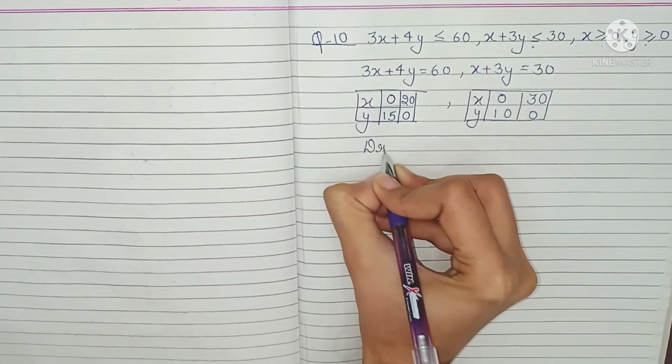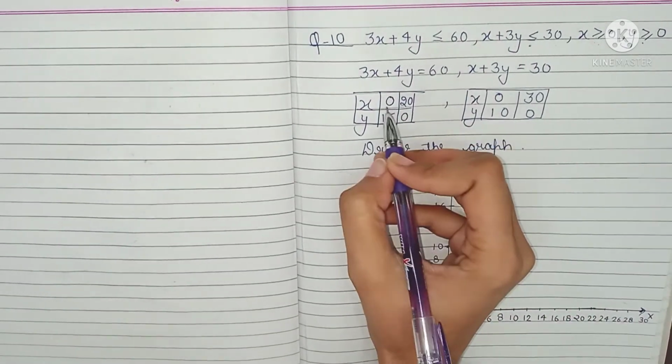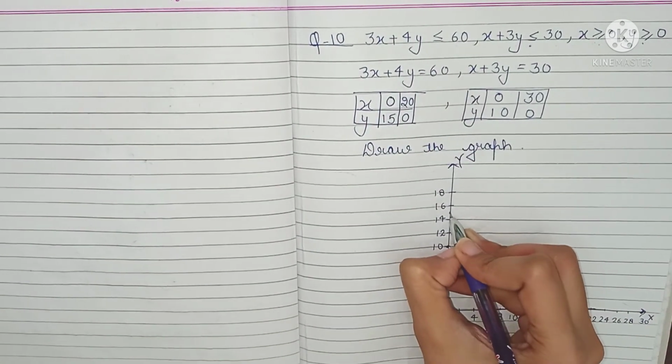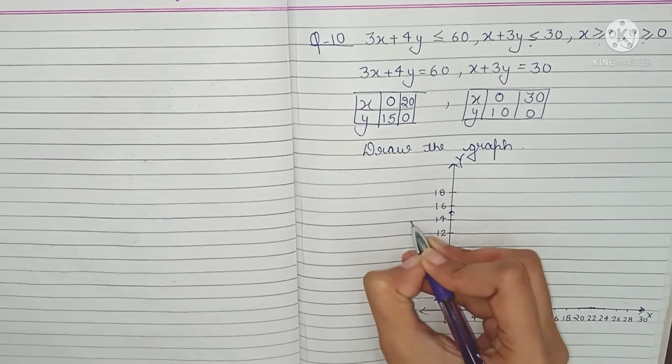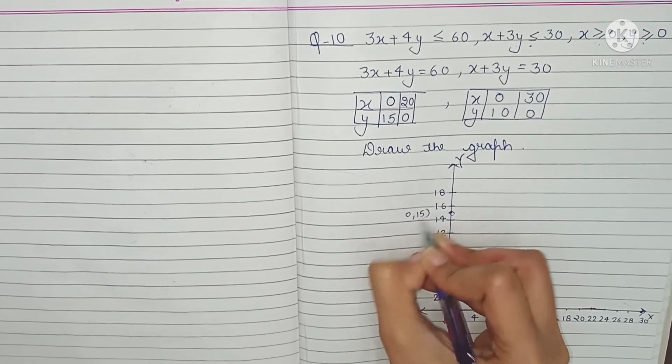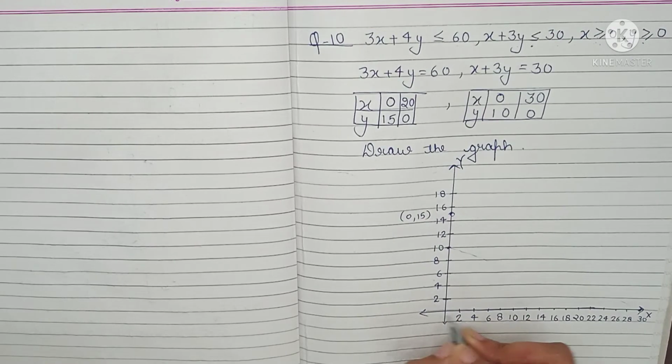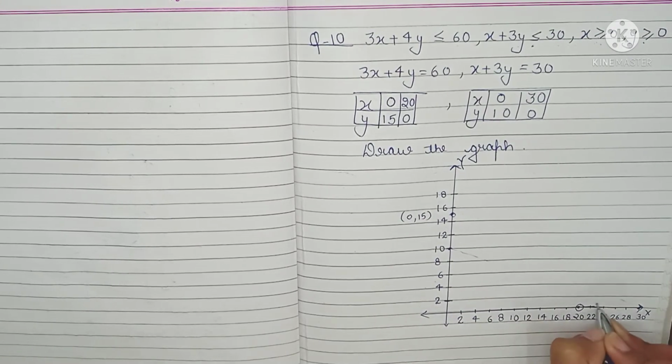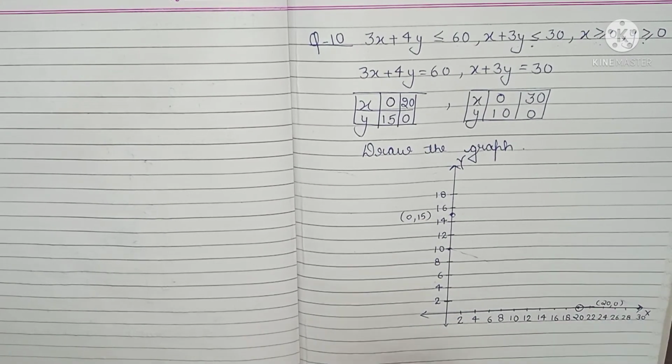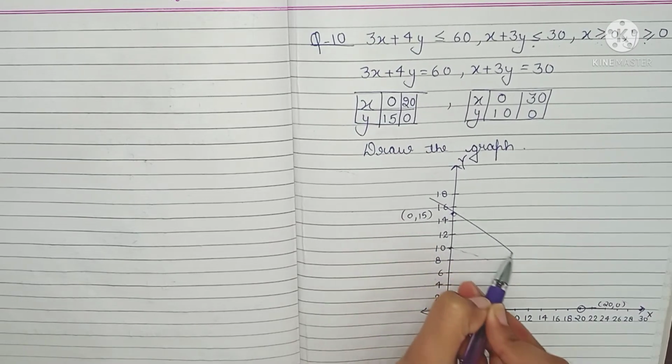Now you have to draw the graph. When x is equal to 0 and y is equal to 15, this one is your point 0, 15, and when x is equal to 20 and y is equal to 0, this one is your point 20, 0. Join these 2 points.